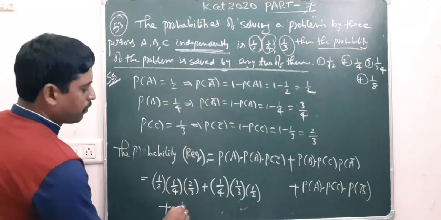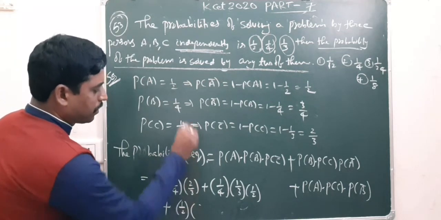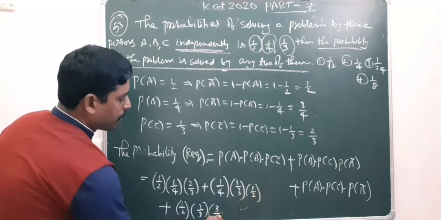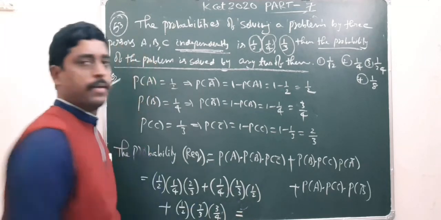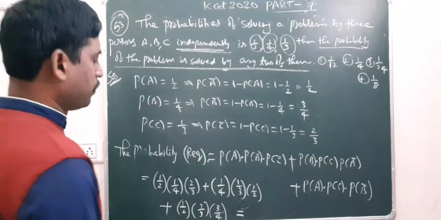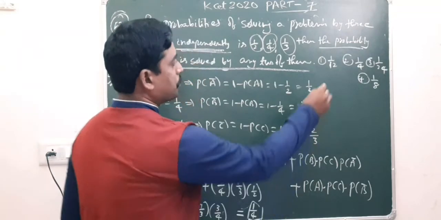P of A value 1 by 2, P of C value 1 by 3, and P of B bar 3 by 4. So let us do simplification. This value will be 1 by 4. So option 2 correct.